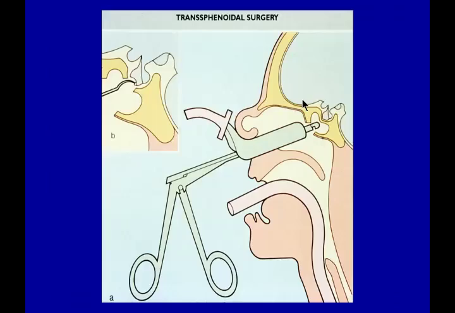Here's a patient with a third nerve palsy secondary to a tumor extending into his left carotid cavernous sinus. See, his eye is deviated to the left, with a drooping lid.